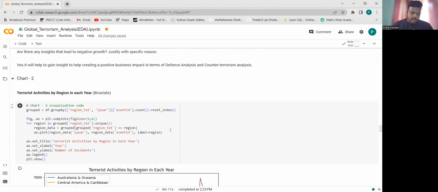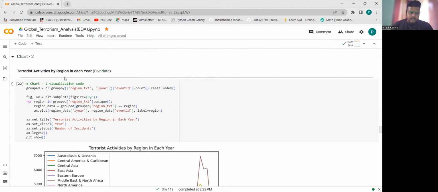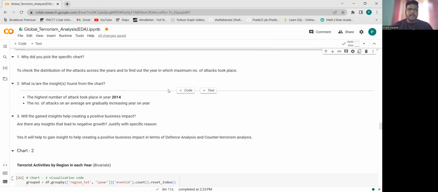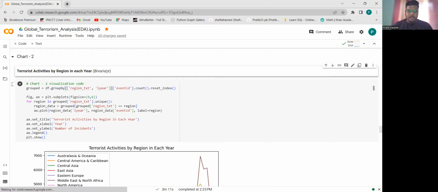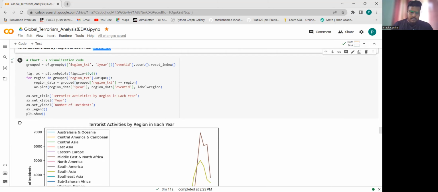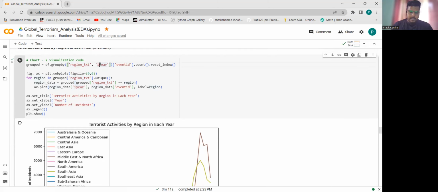Coming to the next visualization, this is the terrorist activities by region. The first visualization was a univariate visualization because we were using only one column, the year. Here we are grouping by two columns, or two variables, which is why we refer to this as bivariate analysis. We are grouping by the region and the year.